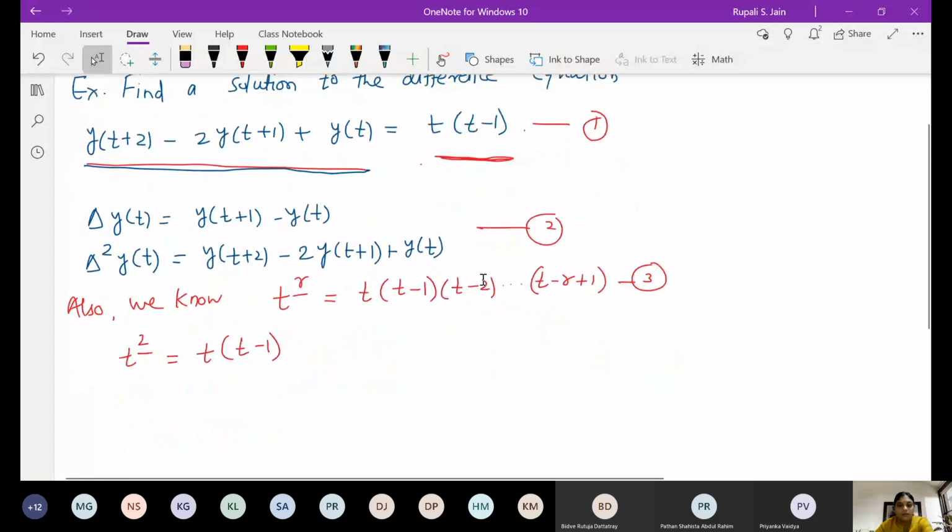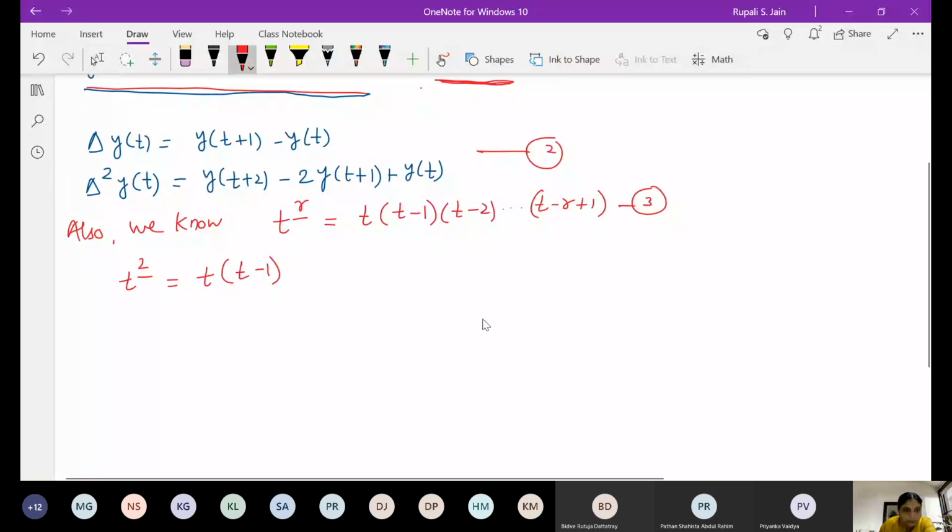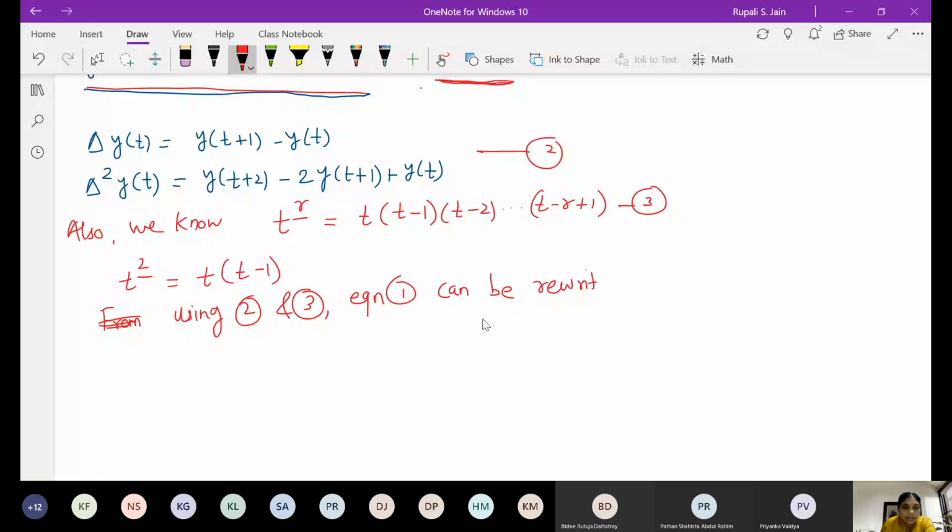So using equations 1, 2 and 3, equation 1 can be rewritten as delta square y t is equal to t to the 2 falling.